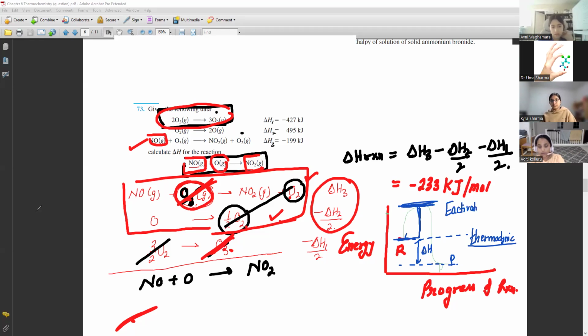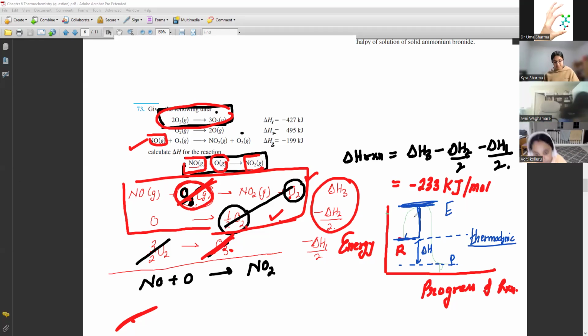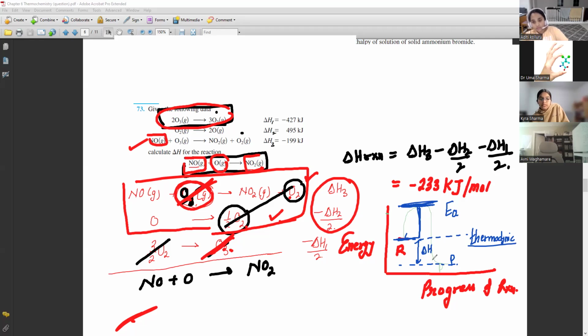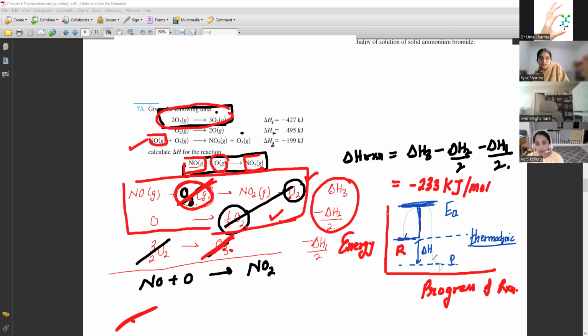It was also activation energy. Good. If activation energy is high, then is the reaction slow or fast? Yes, Aditi.